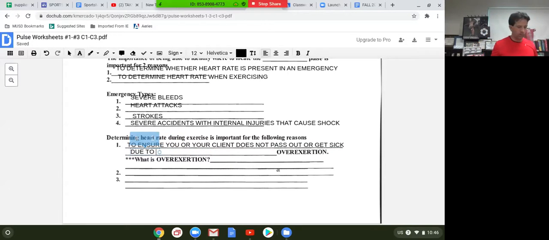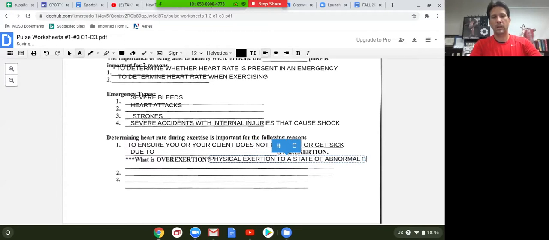So then we say, well, what is overexertion? Okay, so here's the medical definition of overexertion. Physical exertion to a state of abnormal exhaustion. Okay, so physical exertion, let me just write it down here actually.